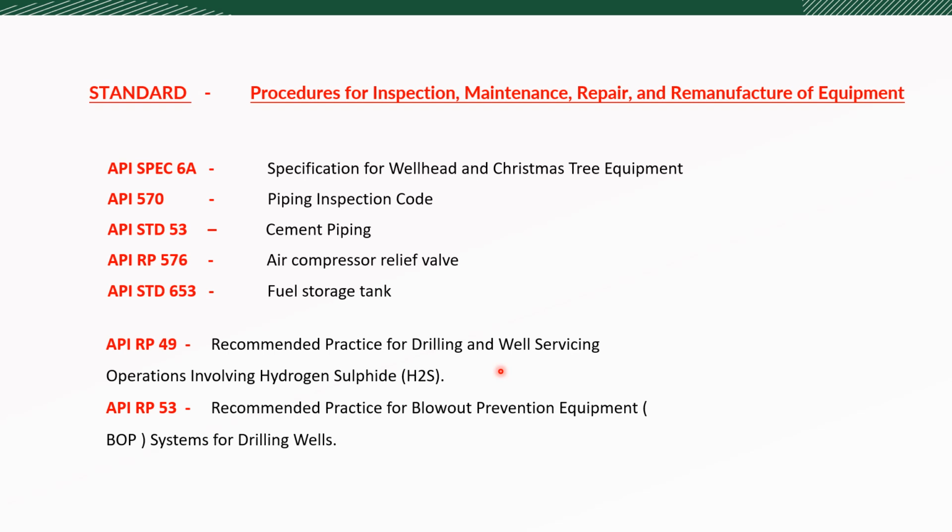But when we talk about H2S related to drilling and well servicing, then we will follow the API RP 49 standard. API RP 53, recommended practice for blowout prevention equipment, BOP, for the drilling wells.